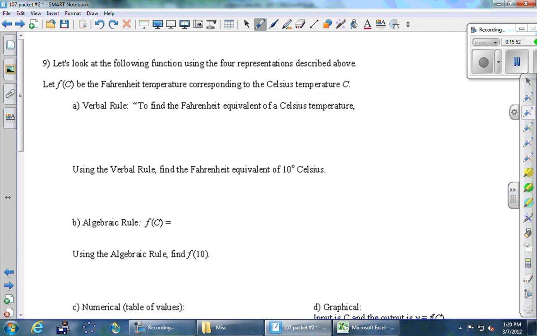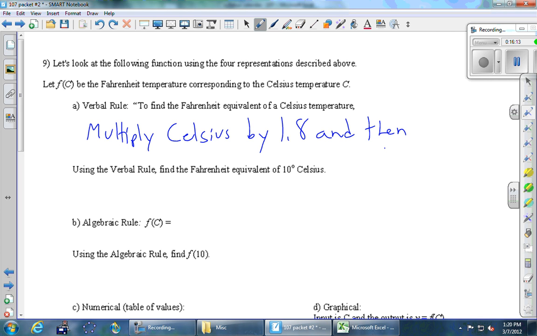Okay, so all right, so Ben says find the Fahrenheit equivalent of a Celsius temperature. You multiply the Celsius temperature by how much? 1.8, and then add 32.